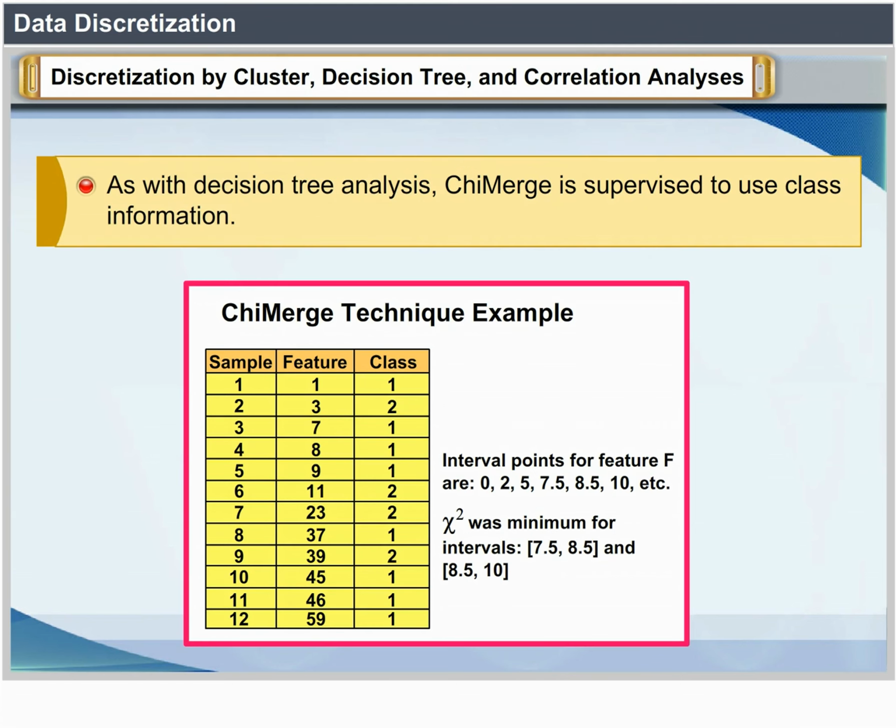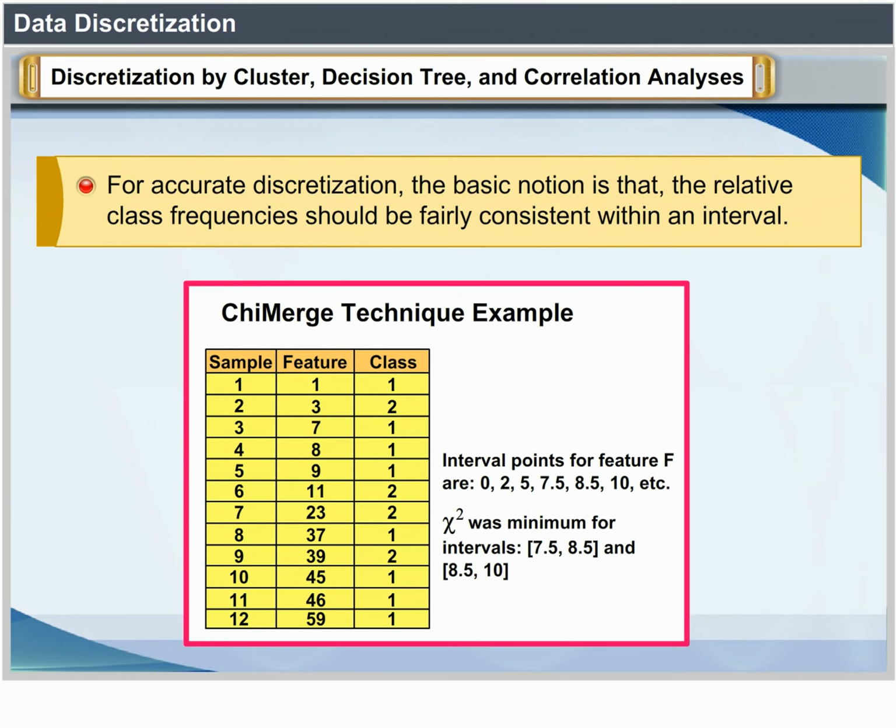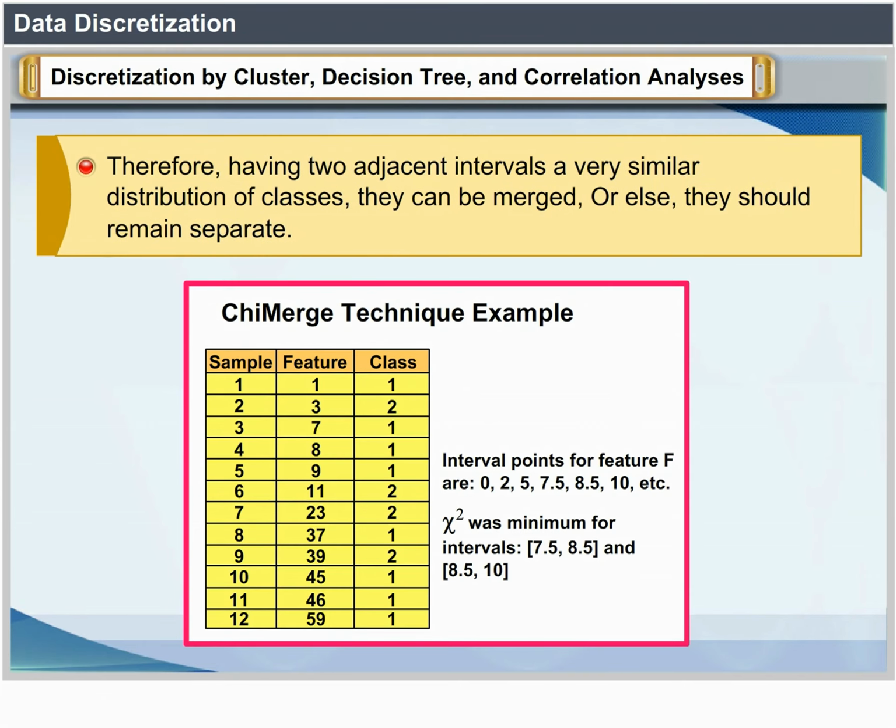As with decision tree analysis, chi-merge is supervised in that it uses class information. The basic notion is that for accurate discretization, the relative class frequency should be fairly consistent within an interval. Therefore, if two adjacent intervals have a very similar distribution of classes, then the intervals can be merged. Otherwise, they should remain separate.